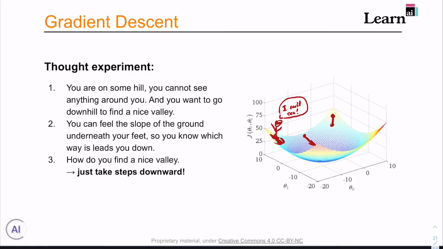So say you start off here. You feel this, okay, down, and then you're here, and you say, oh, which way's down? You go this way. And eventually you land in your happy valley, and now you're blue because you're happy. And then you found the bottom. Well, that's gradient descent. That's all it is.